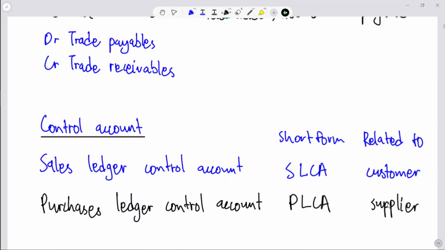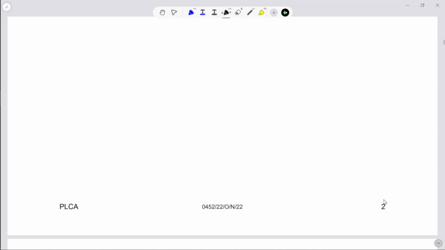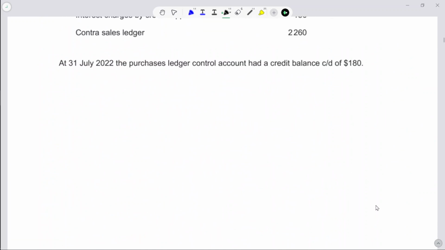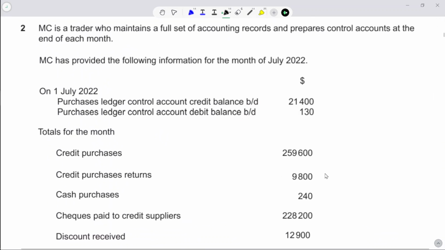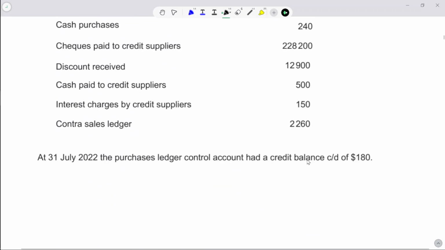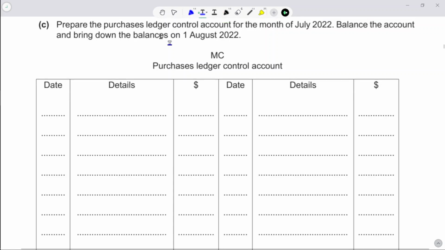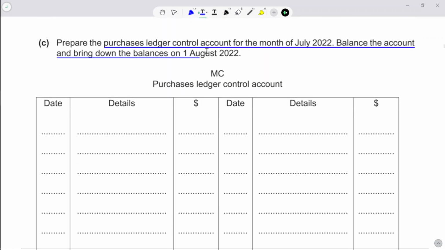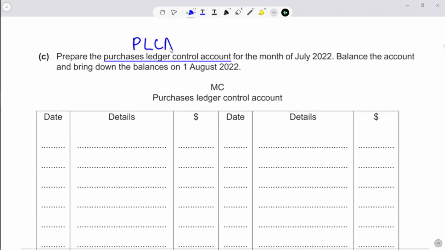Okay, now let's go to page 2. Page 2. Okay. So let's see what the question wants. Or you want us to do PLCA. So I use the short form PLCA.